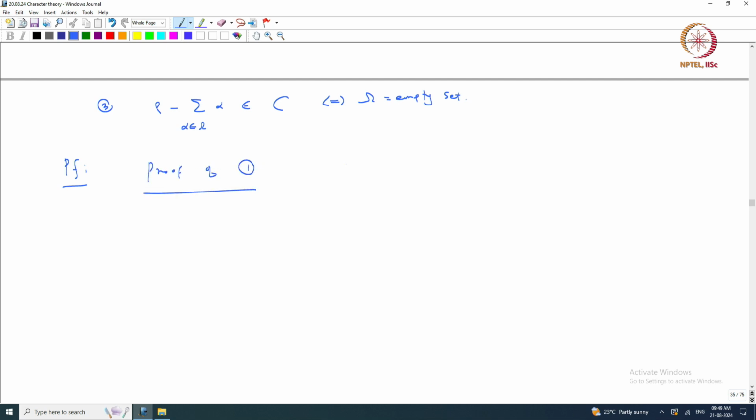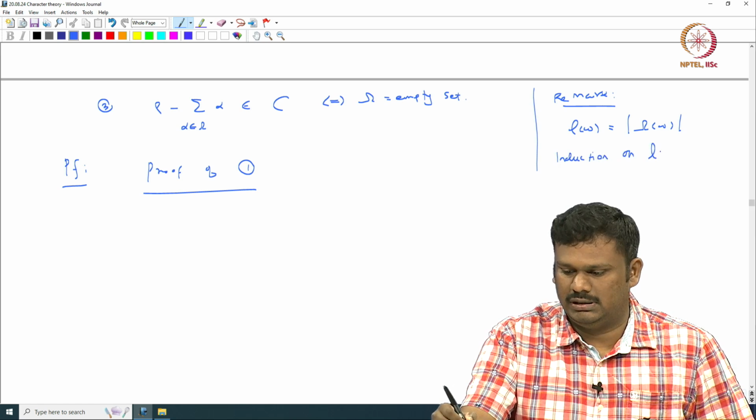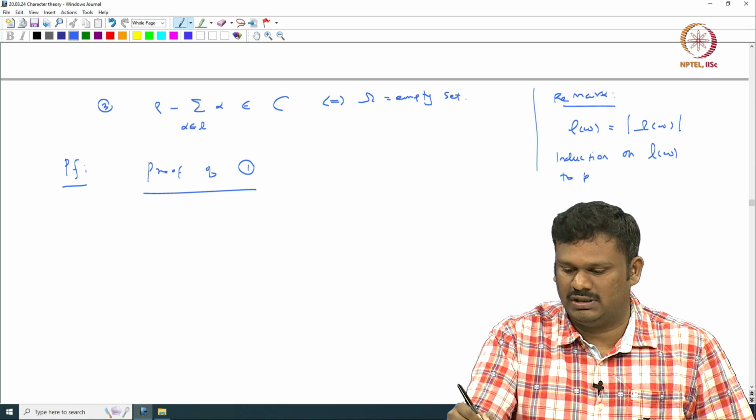One can take the length of W to be the cardinality of omega of W, then use induction on this length of W to prove the first statement.